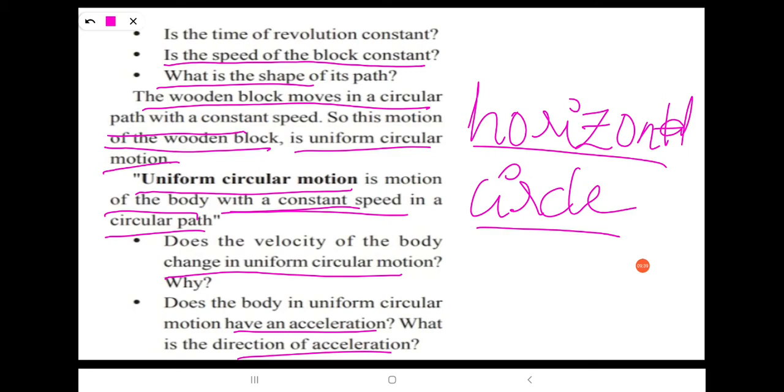The acceleration has an unchanging magnitude, but its direction changes. When the body is on a circular path, every time the direction is changed, right?